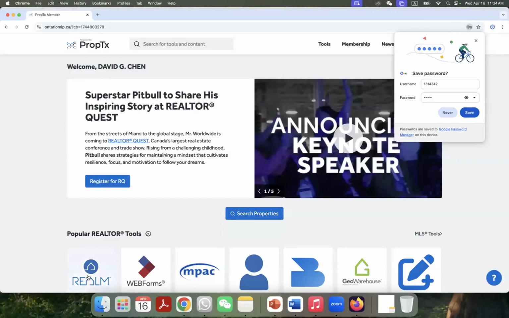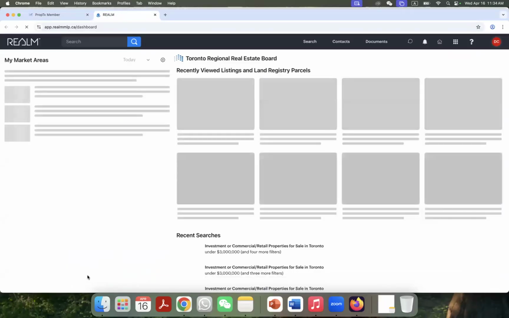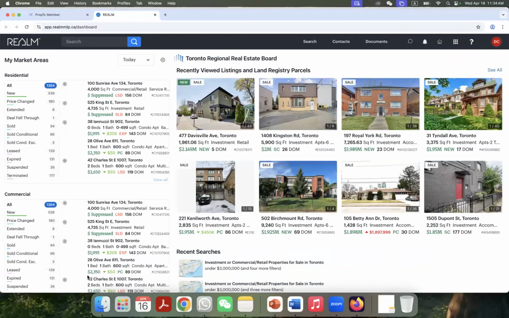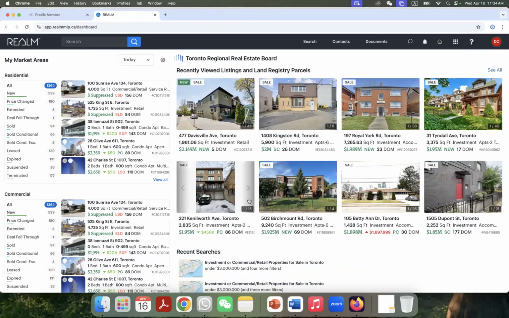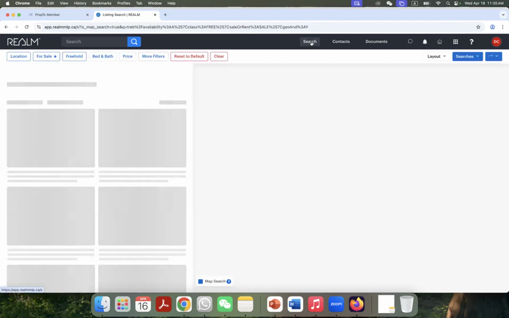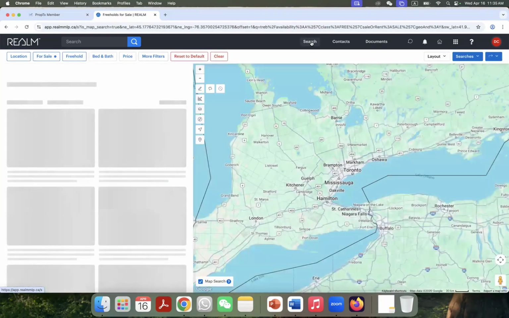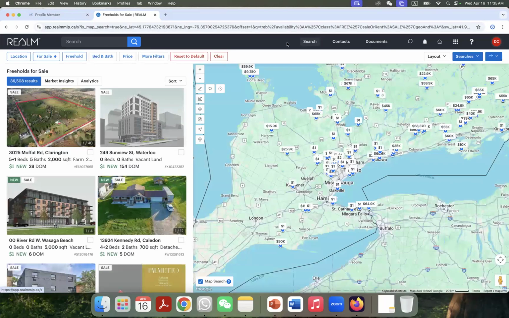Let's go to RAM. When you search in commercial property, it's the same way you do the residential. Here is the residential by preset. So here I will do search. Basically, according to your client's needs, you need to do the search and set the criteria.